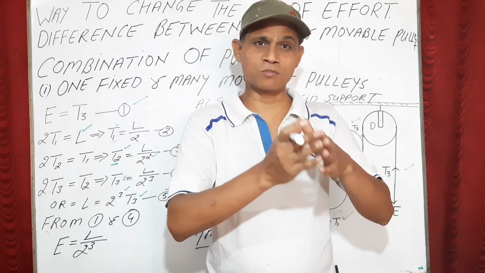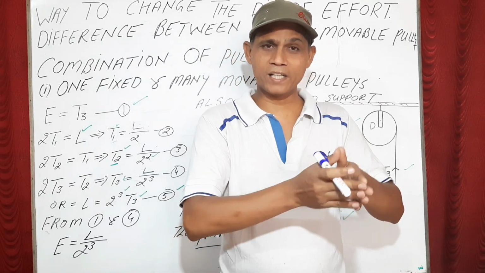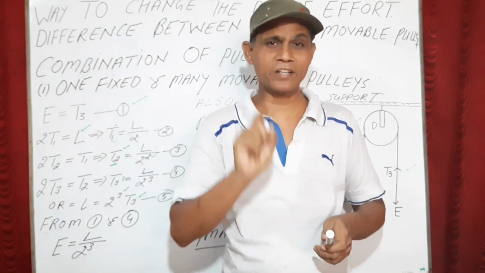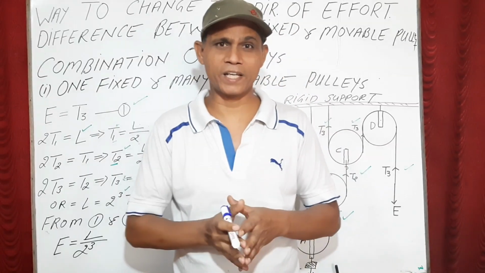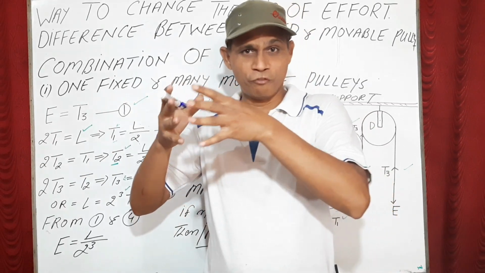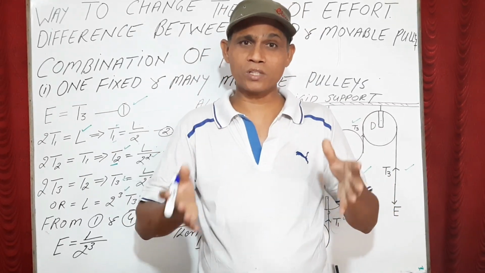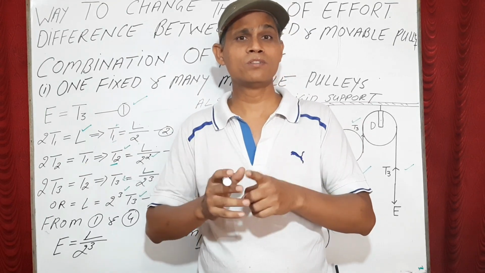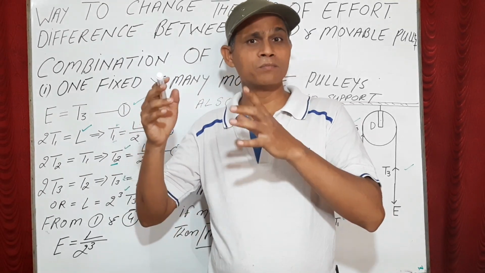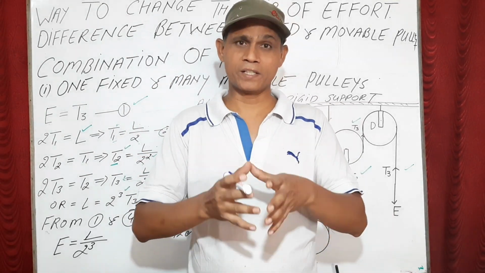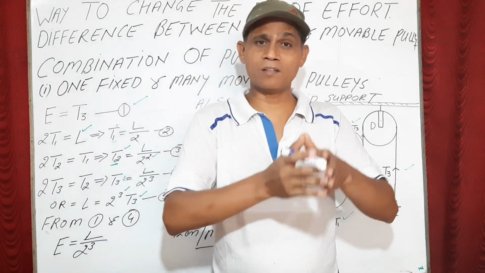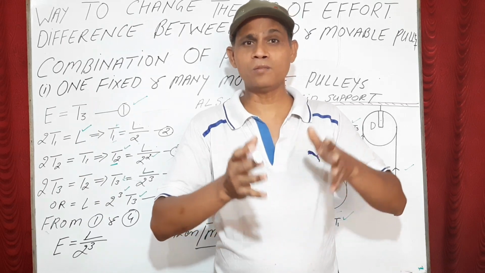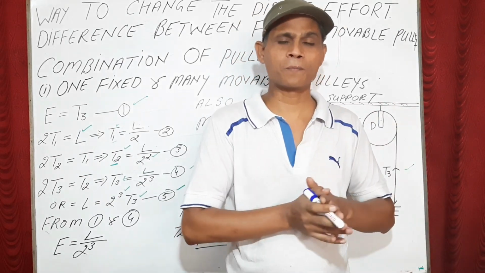While in case of a movable pulley, mechanical advantage and velocity ratio is 2.